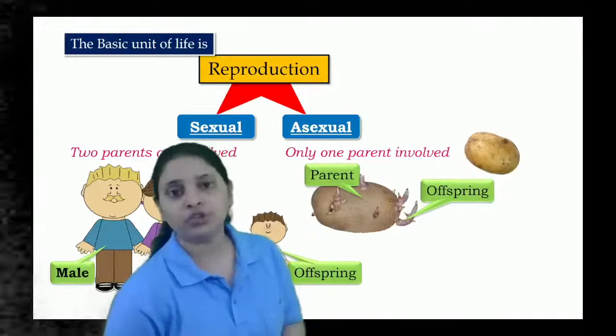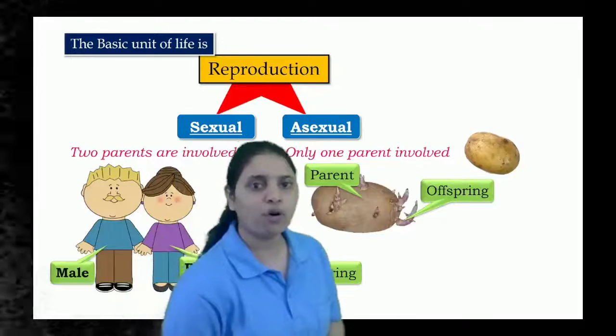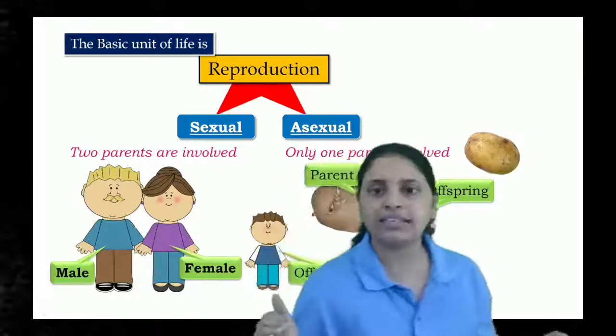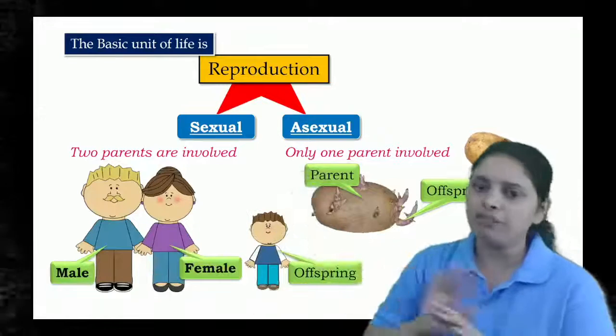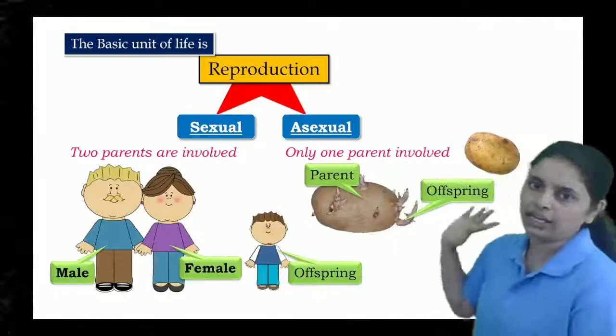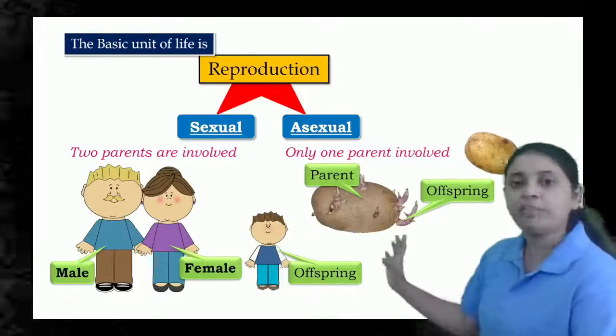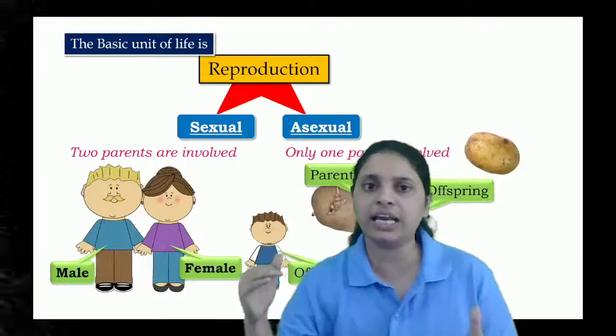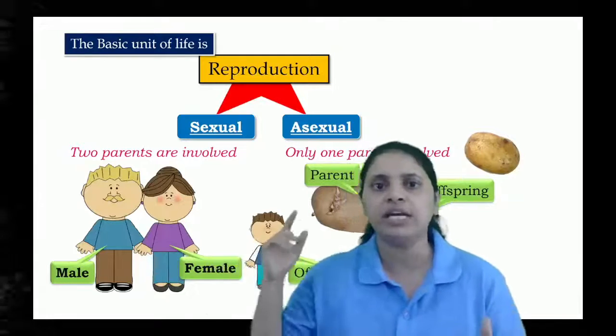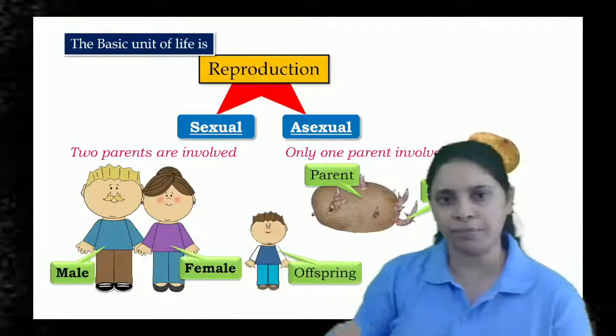This is asexual reproduction. यहाँ पे एक ही parent involved है. There is no fertilization. देखो अगर fertilization है तो sexual reproduction, fertilization नहीं है तो asexual reproduction. So when the potato tuber gives rise to new offsprings directly without fertilization, without gamete formation, it will be asexual reproduction.